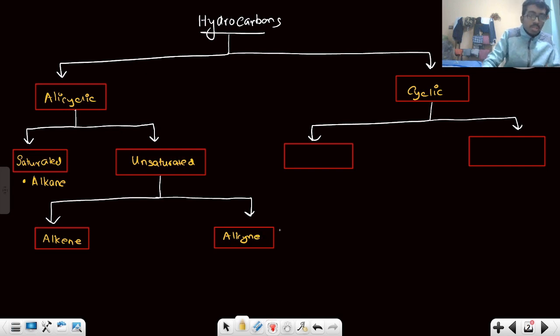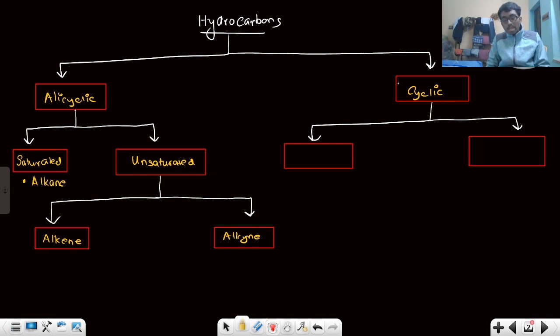What does saturated mean? Saturated means those alicyclic hydrocarbons which have only and only single bonds present in them. They are the saturated ones. And the unsaturated ones will have double bond or triple bond. That means they will have multiple bonds present. So they can be broken down into alkenes and alkynes. Clear? Right?